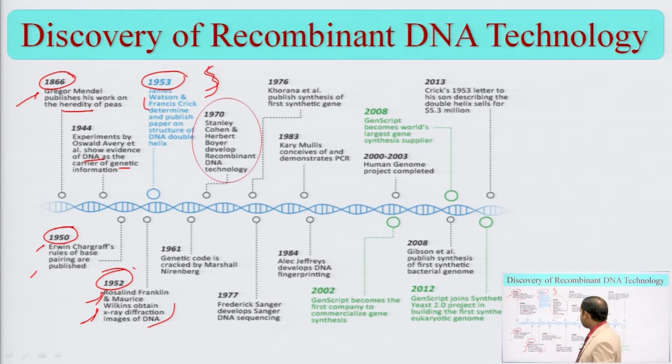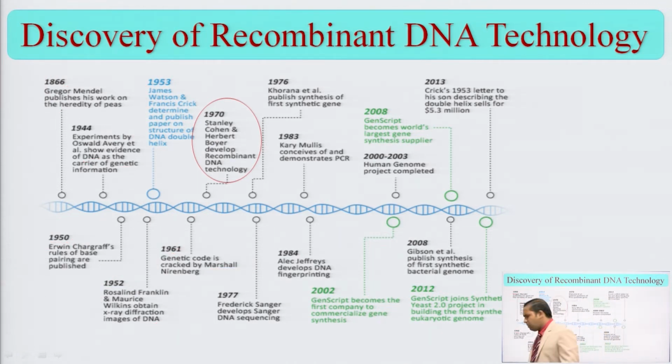After that, in 1961, the genetic code was cracked by Marshall Nirenberg. I think you have studied this in your school days. Before that, people were not aware that genes are responsible for our daily activities: transcription and translation happen, we get protein, and protein is responsible for everything.